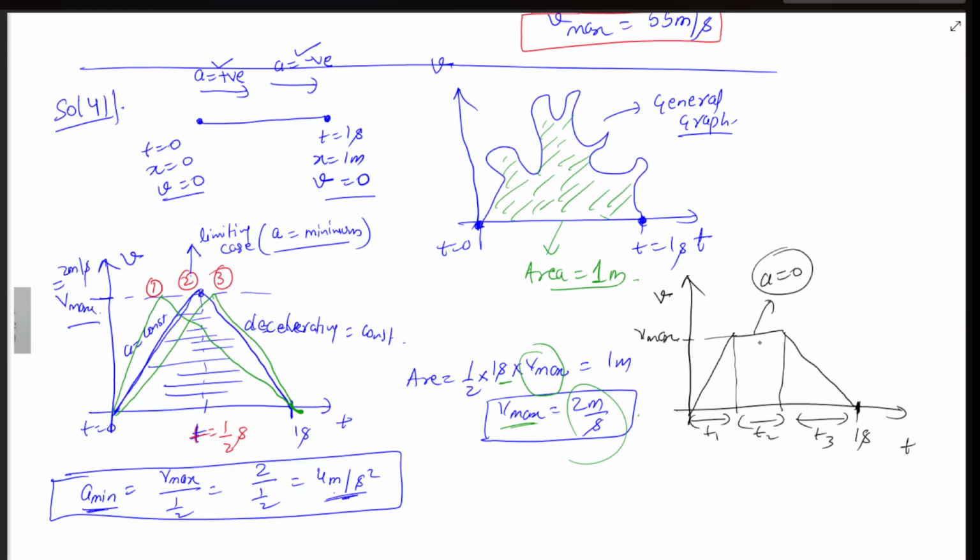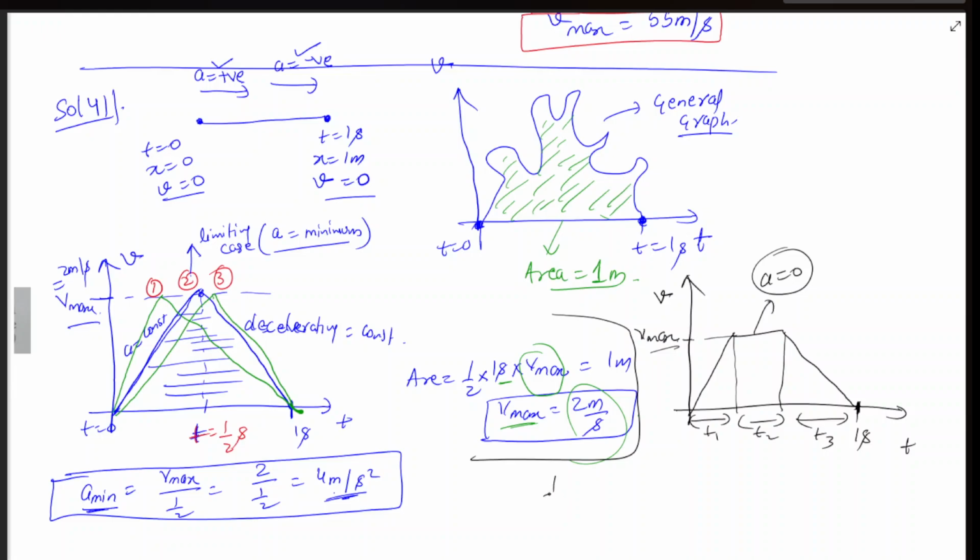With a constant velocity. So what will happen is we will get less time to achieve the Vmax. Okay, and here Vmax will be different. Let us find out. So this is T1, this is T2, and this is T3. Let's find out.